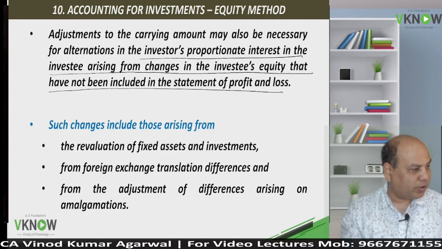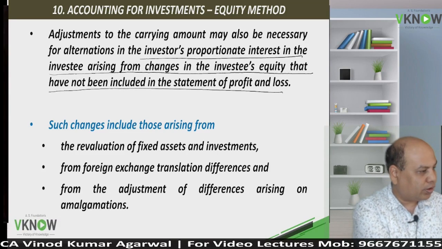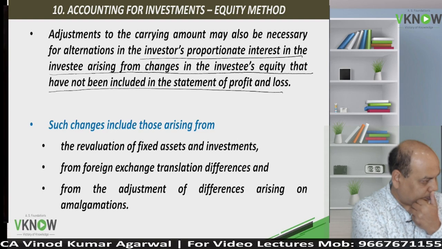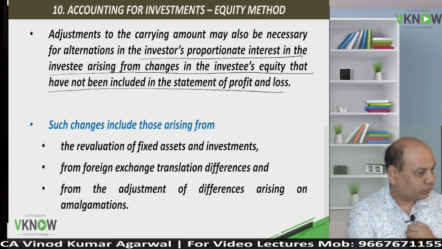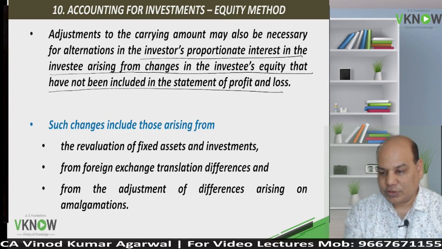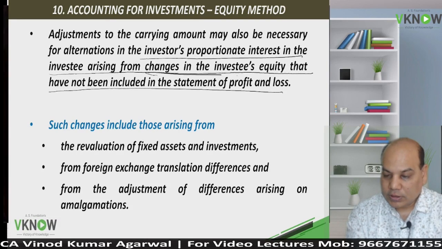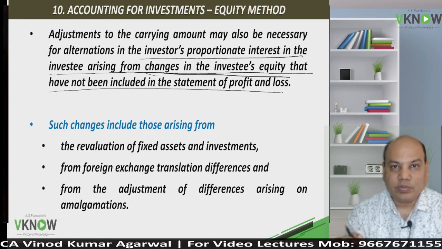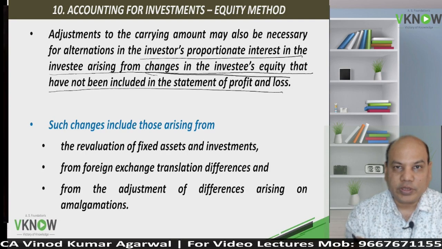Then your question would be, what is this point? I need to explain it. Sometimes there may be some gain or loss which may not be recorded in the profit and loss account of the associate, which may have been recorded directly in the reserve.